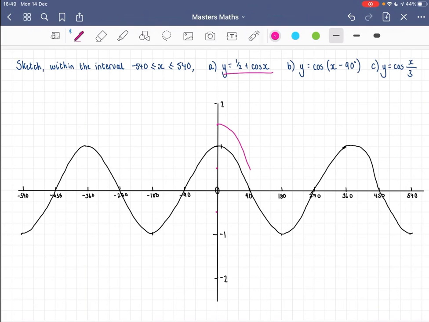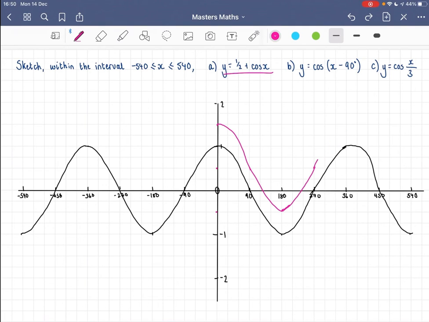And then it's going to come all the way down to here and then go back up again, cross there, keep going up to 1.5. I feel like I've messed that up. I was trying to keep it parallel and I've messed that up a little bit.